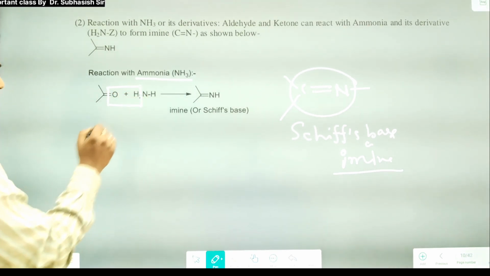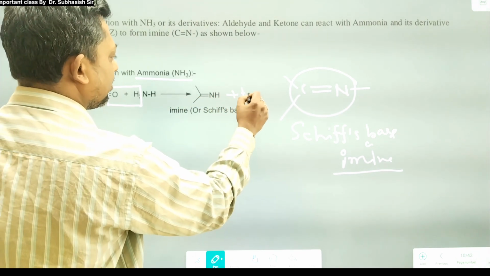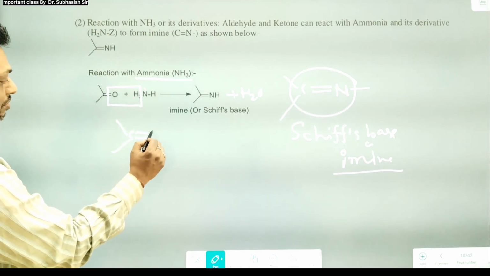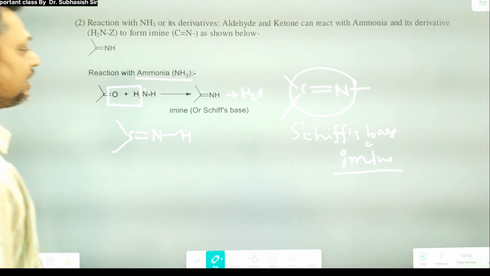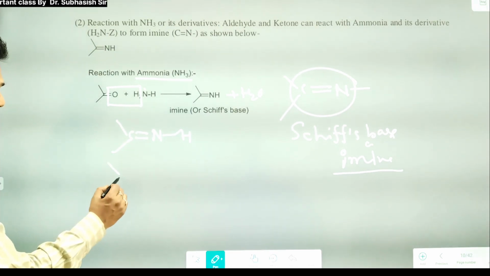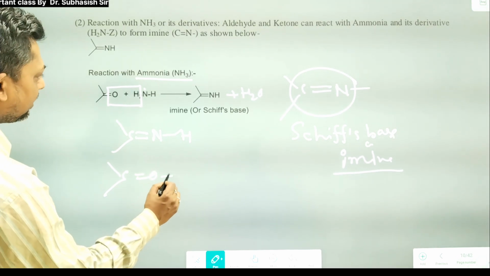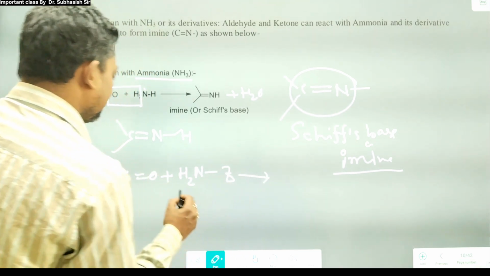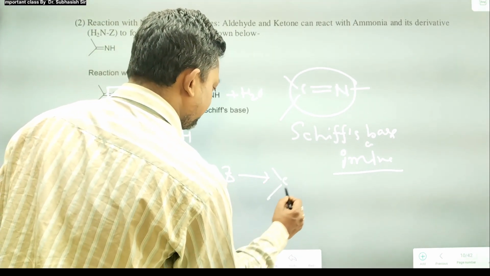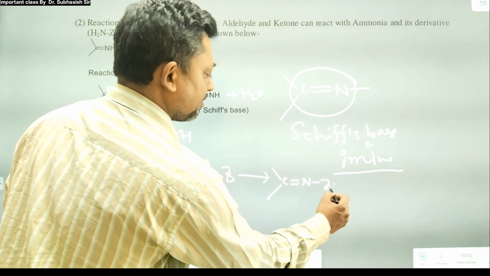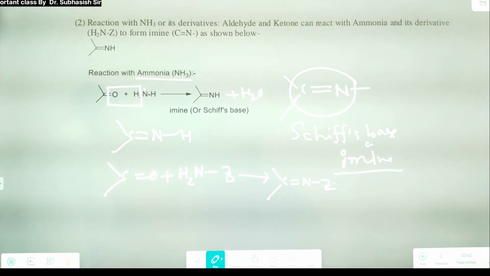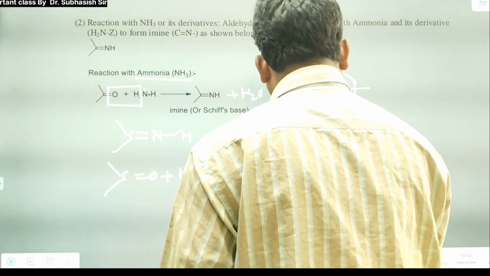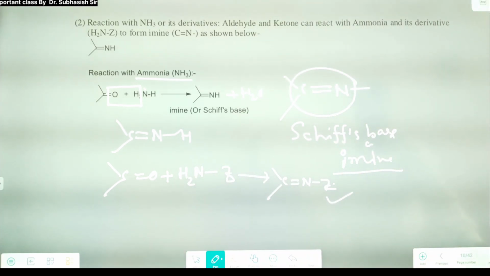Here you can consider that H2O will go out, and then you will end up with this double bond attached to nitrogen and H. Now this H may be any group Z, and then we get the product, NZ. So we will end up with NZ. This is also called Schiff base or imine.